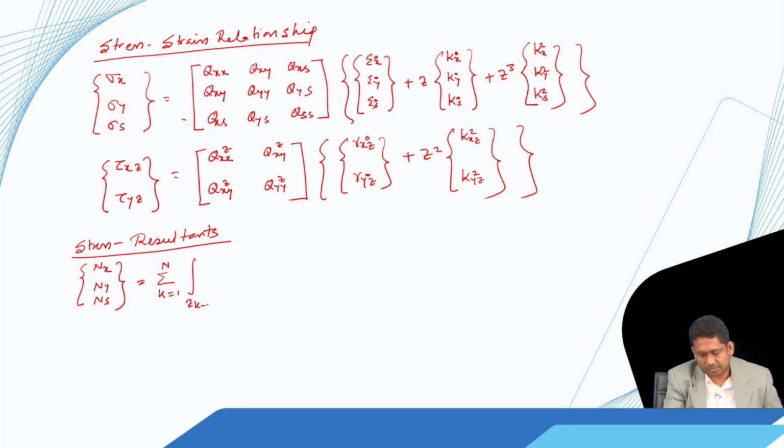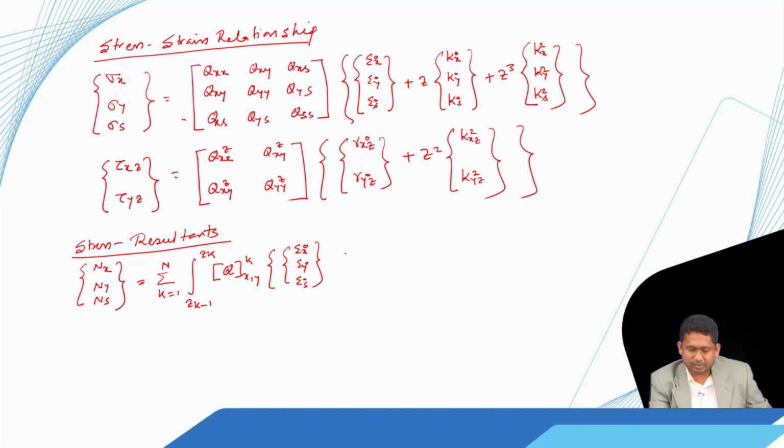So, this goes from z k minus 1 to z k, and then we have the Q matrix in the xy system for the kth lamina, and then we multiply that with this same vector epsilon x 0, epsilon y 0, epsilon s 0 plus z into kappa x 0, kappa y 0, kappa s 0, plus we have z cube into kappa x 2, kappa y 2, and kappa s 2.